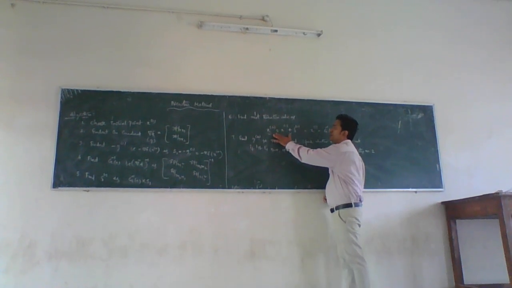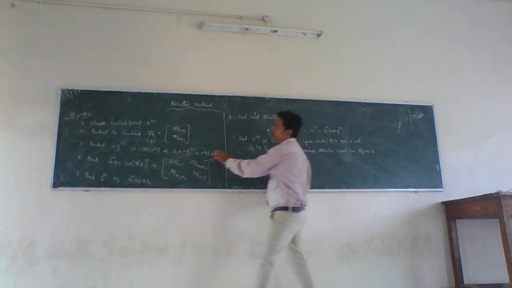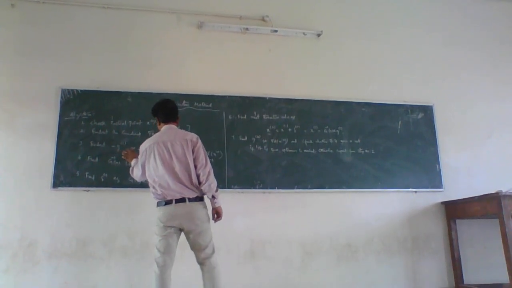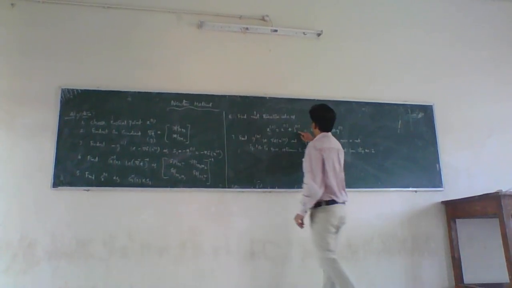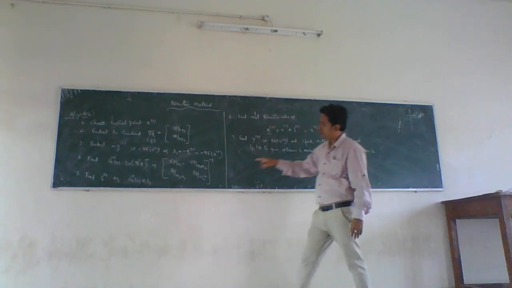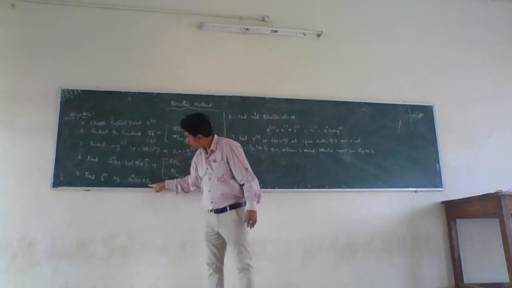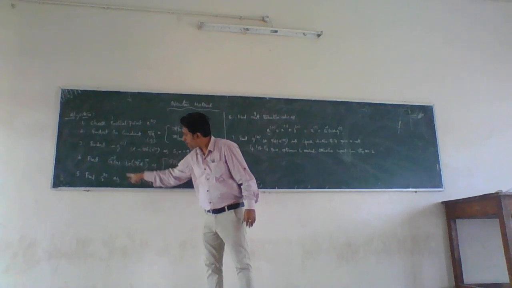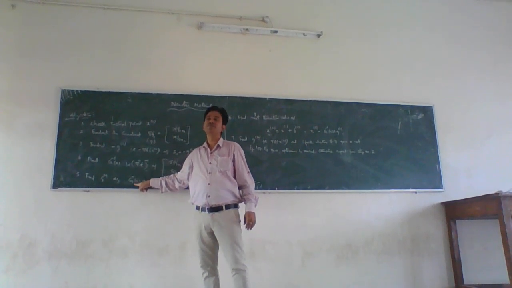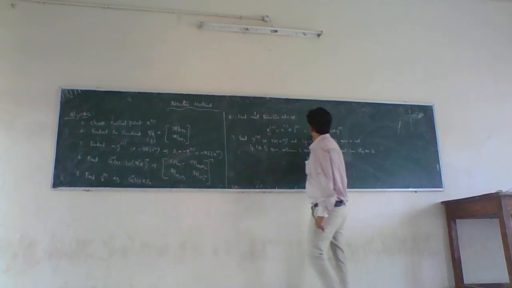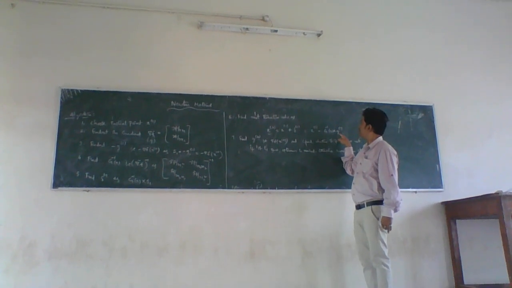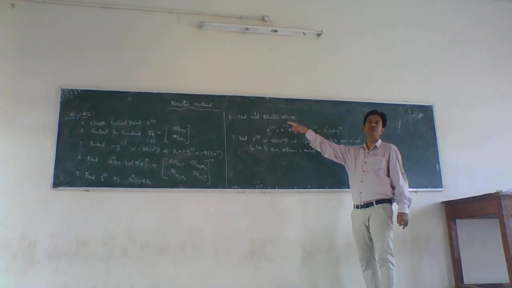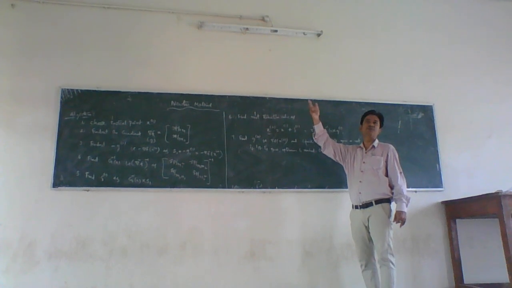Then the optimum point is estimated as x2 is equal to x1 plus minus this small g multiplied by this capital G inverse. So this capital G inverse into small g, whatever small g, that is S1, we call in the previous method.